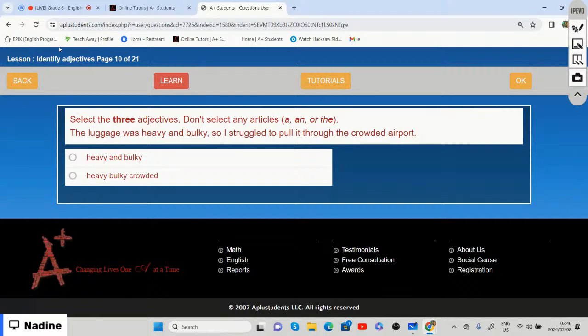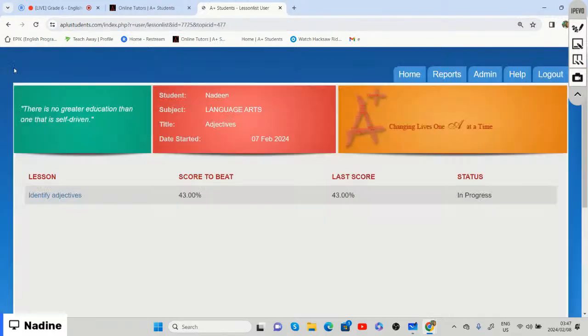So we must have our adjectives, and we said adjectives describe and modify the nouns, right?